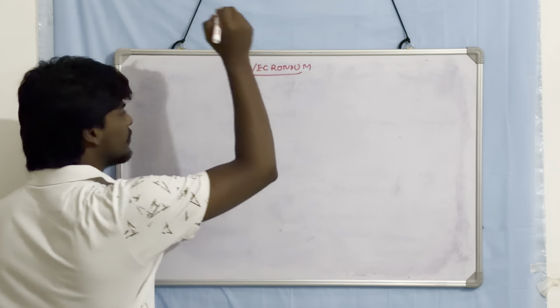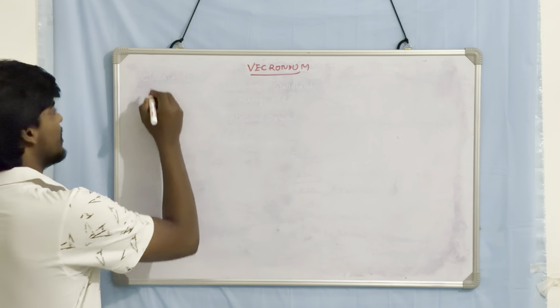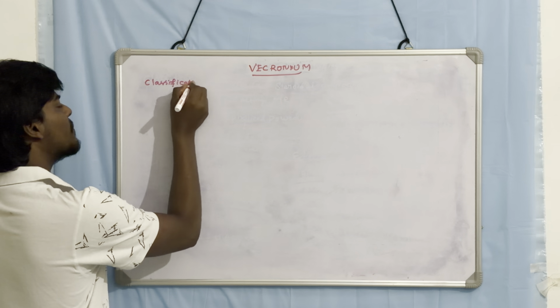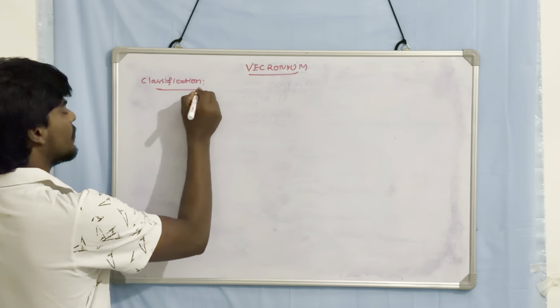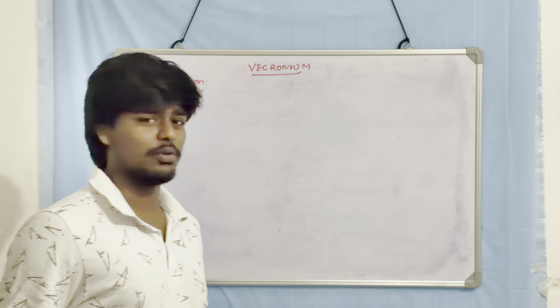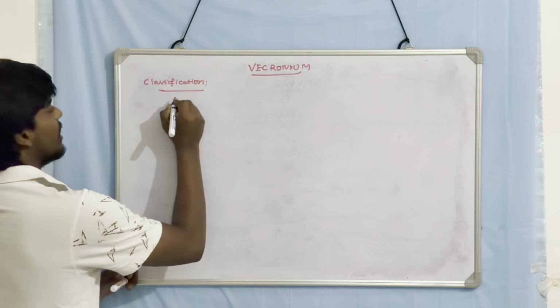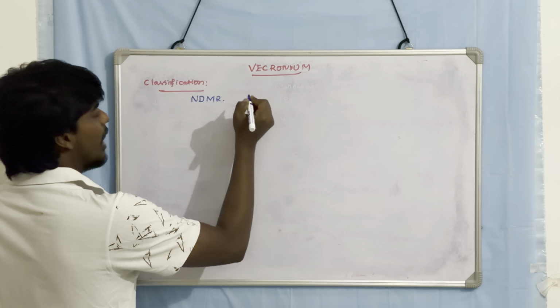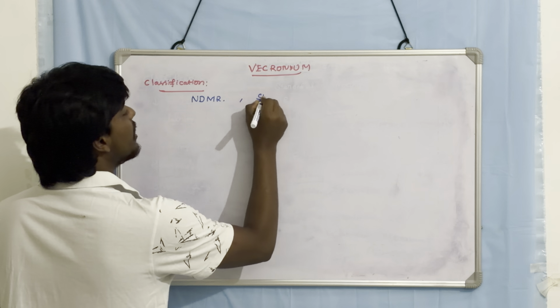Okay. First, we will discuss the classification. We already know that Vecuronium comes under non-depolarizing muscle relaxants, and chemically it is a steroidal compound.